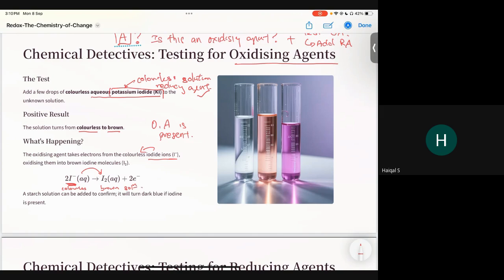Because the I minus becomes I2, that's why my solution turns brown. The iodine molecules dissolved in water make a brown solution. So KI is there to test for oxidizing agent. It will turn from colorless to brown if oxidizing agent is present.